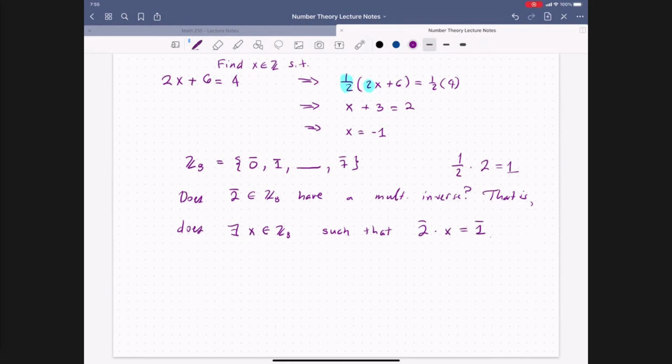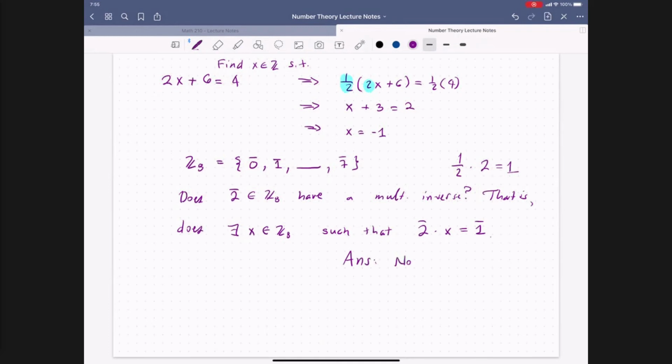I leave it to you to go through the motions and verify this. We can say, okay, 2 times 1 is 2, 2 times 2 is 4, then 2 times 3 is 6. None of those are 1. And if you continue exhausting the complete set of representatives from 0 to 7, we see that this is not the case. There is no x, and so the answer is no.